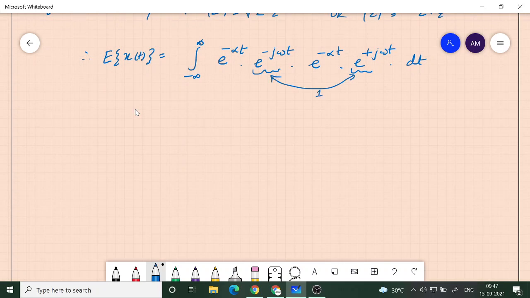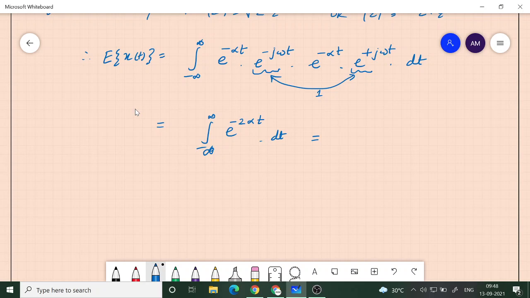And if you combine these two terms, the integral from minus infinity to plus infinity of e raised to minus alpha t into e raised to minus alpha t is e raised to minus 2 alpha t dt. Now this is from minus infinity to plus infinity.